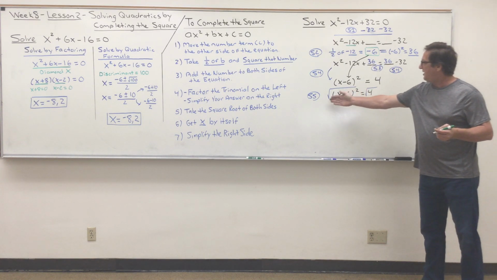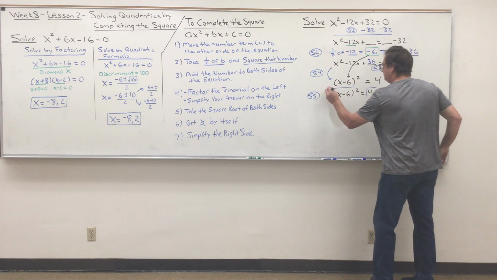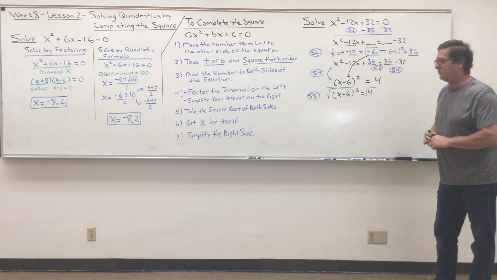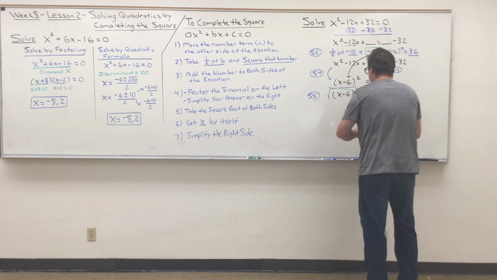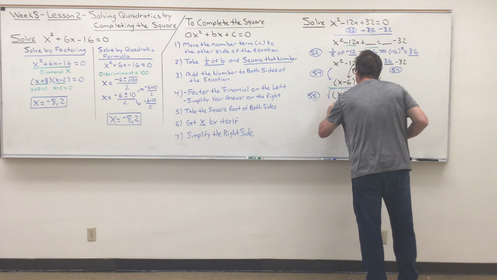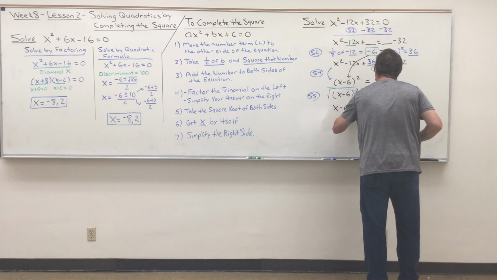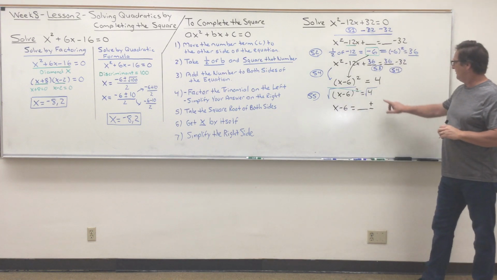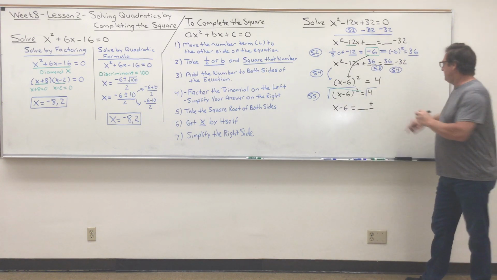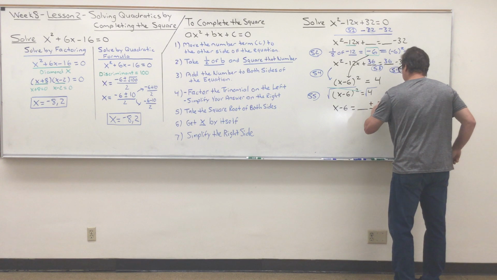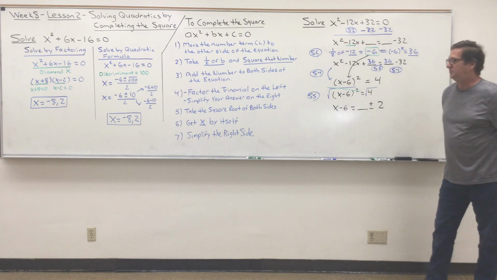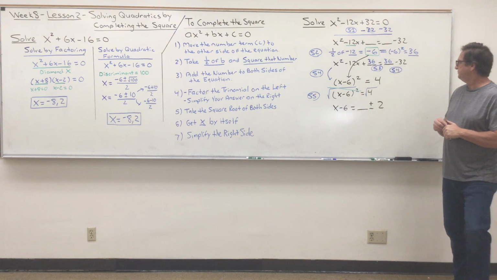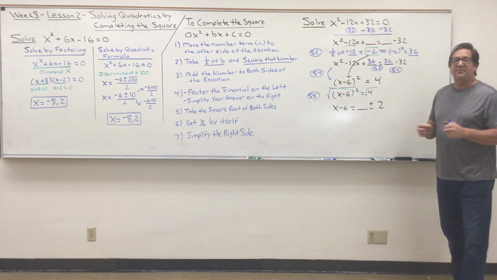And so, on the left-hand side, square root and square cancel each other out. And the square root of 4 is 2. That's step 5.